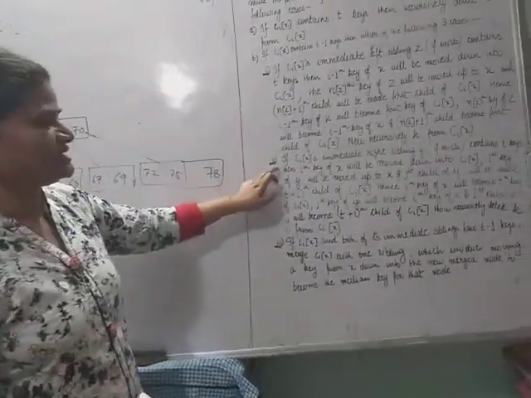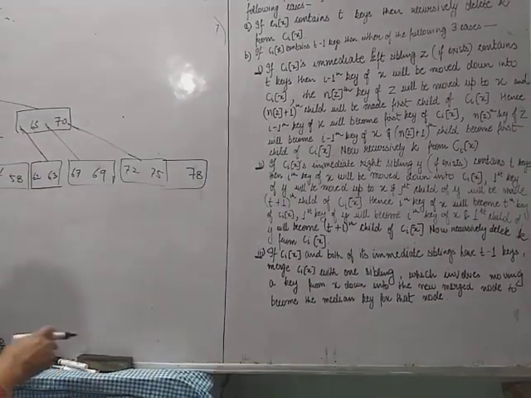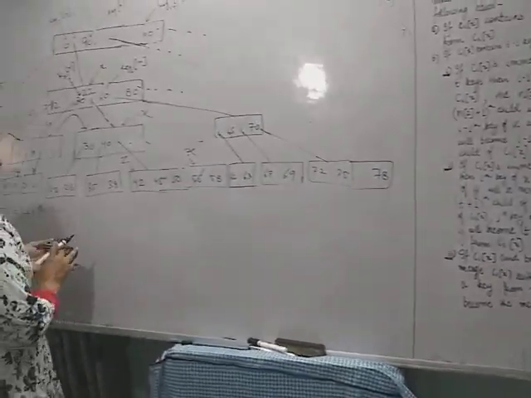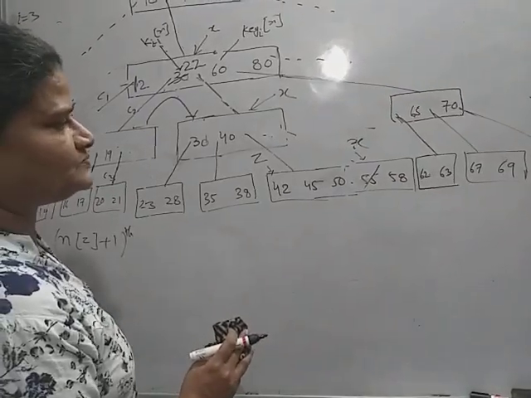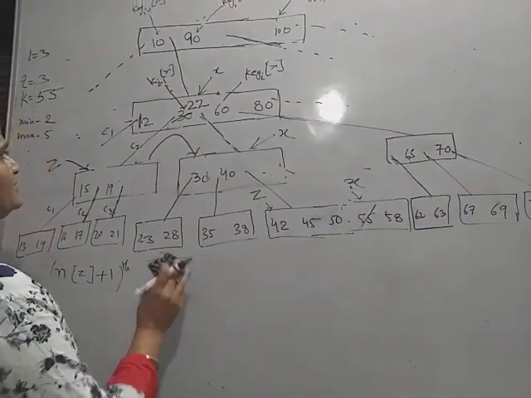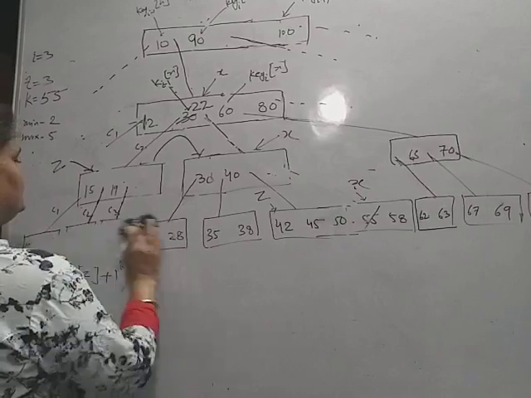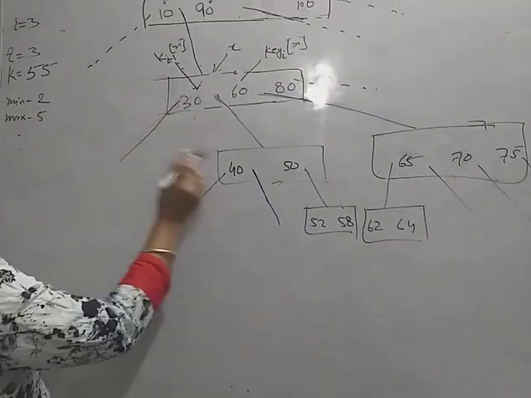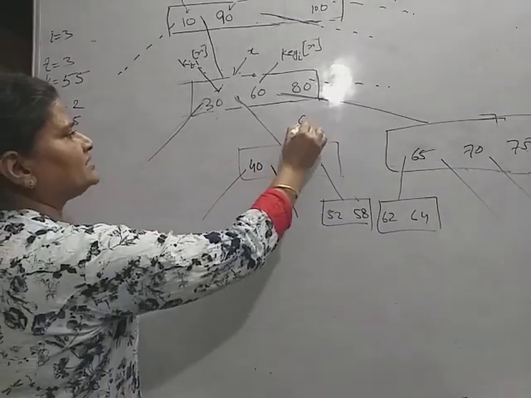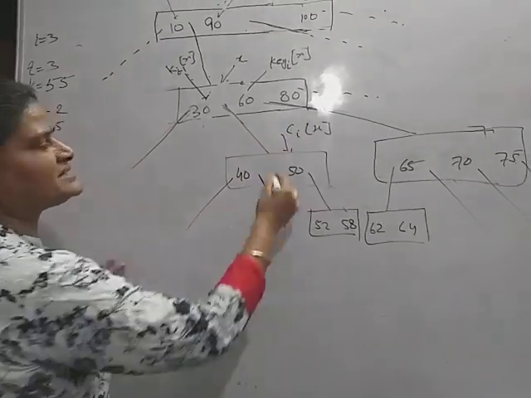Now the case of the immediate right sibling. Suppose this is the CIX, and it contains T minus 1 keys.